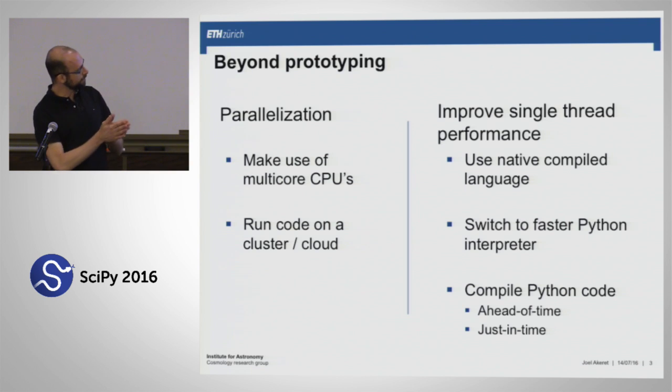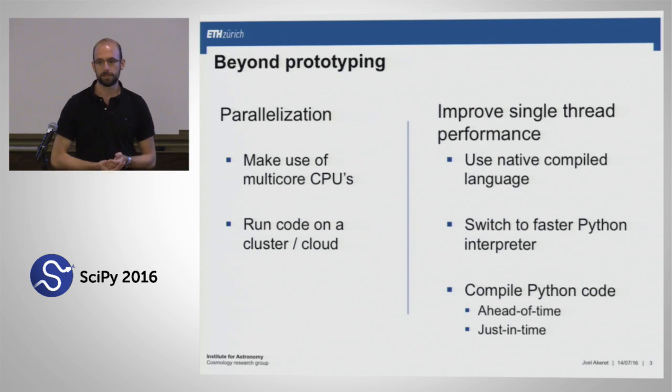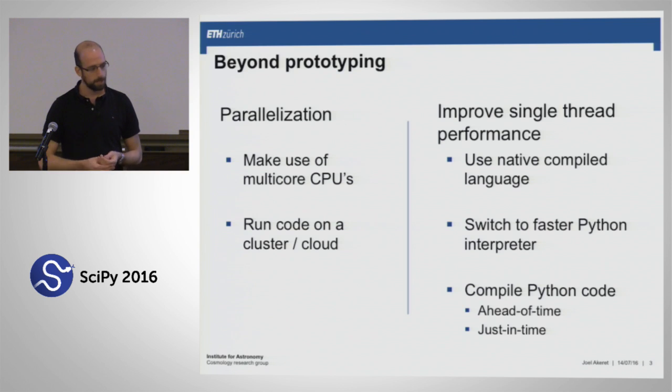And the last angle that we have to improve the performance of the single thread is to compile the Python code. There are two different ways to do that, and we heard about that this morning in the keynote. One way, and there are many projects working on these two aspects, is compiling ahead of time. So we translate the Python code into something that can be compiled before it actually gets executed.